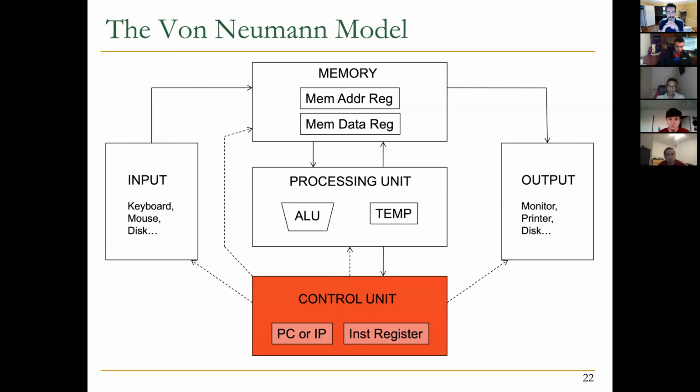But the most important unit in the von Neumann model is the control unit. Essentially it orchestrates all of these units in order to enable the program execution.